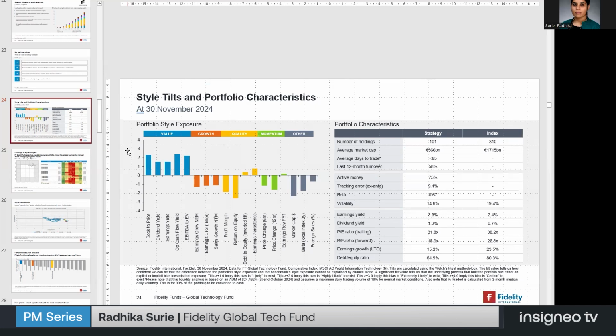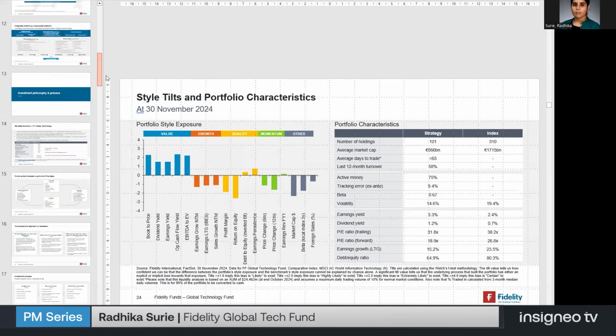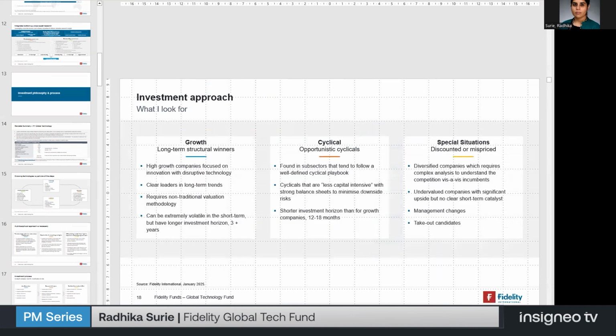Yeah, it's a very differentiated product because essentially what we're trying to do at any given point is invest in many different types of business models, not just in the most apparent winners, but also in areas where you have cyclical opportunities or special situations events.